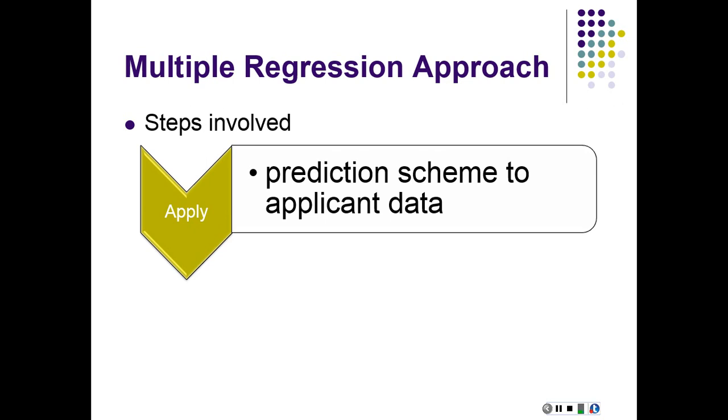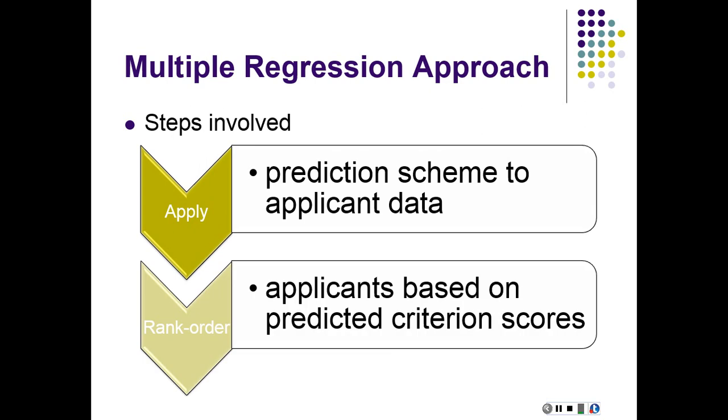So we're going to apply a prediction scheme to the data that have been provided by the applicant, information that we've requested, obviously. Now we have to apply a scheme for interpreting it, and then we're going to rank order the applicants based on the predicted criterion scores.